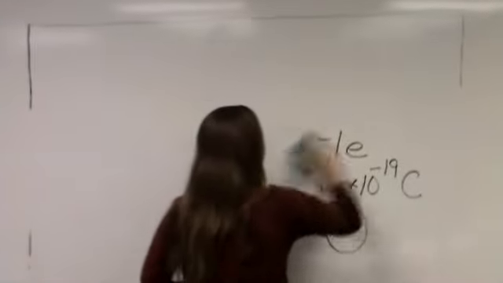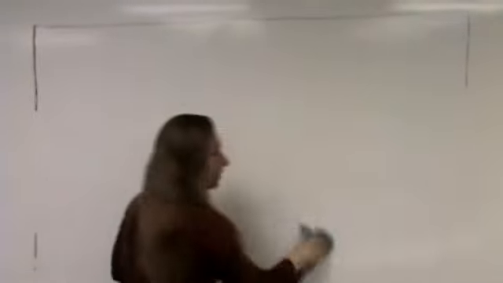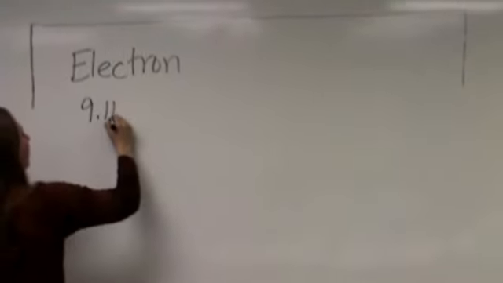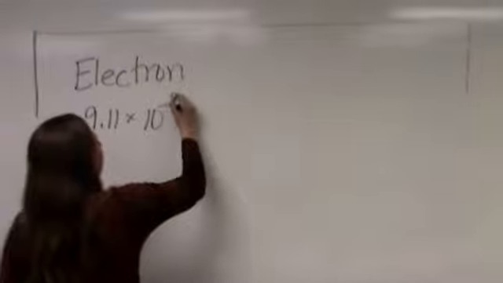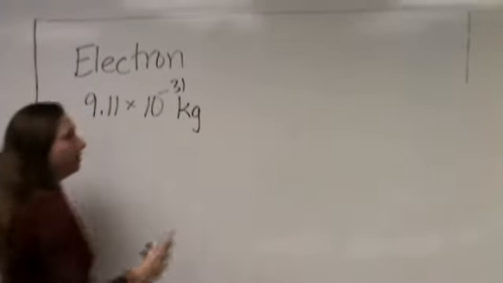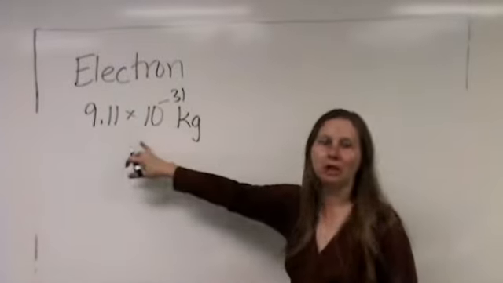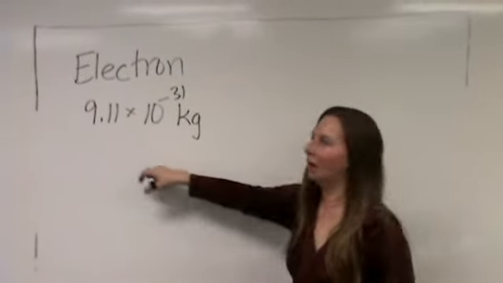Now let's look at the electron and the anti-electron. Okay, the electron has a mass of 9.11 times 10 to the negative 31 kilograms. That's his mass. He's much lighter than the proton.